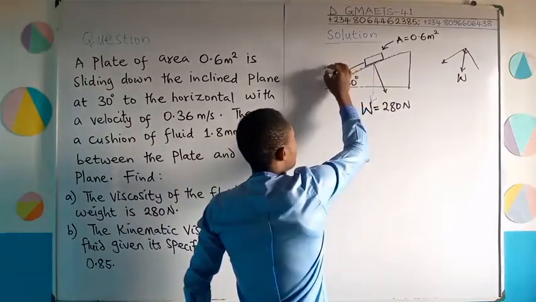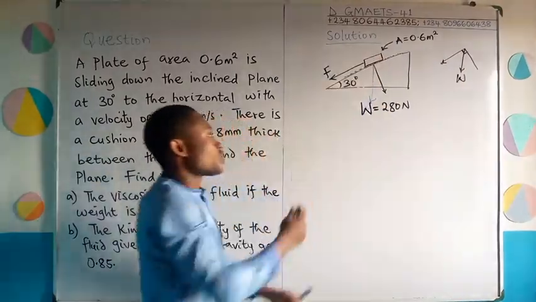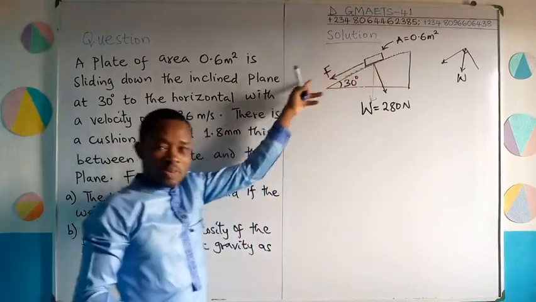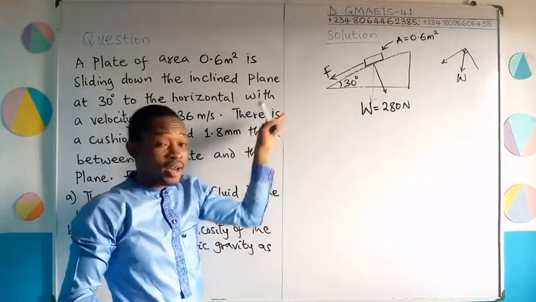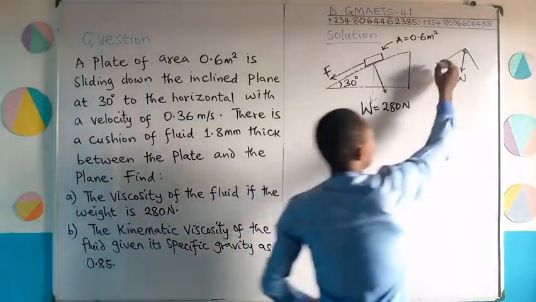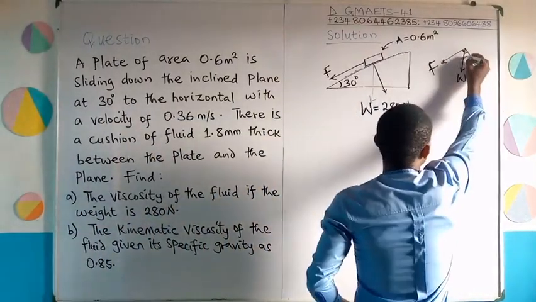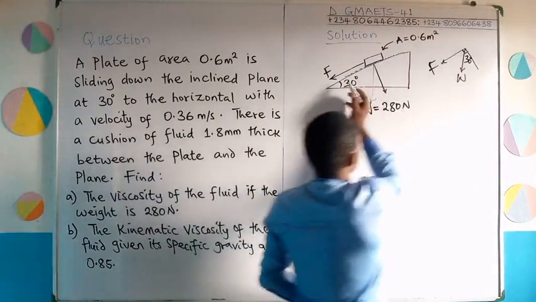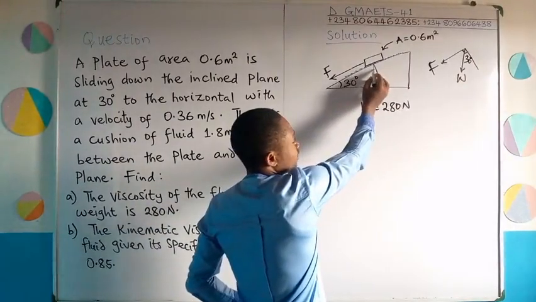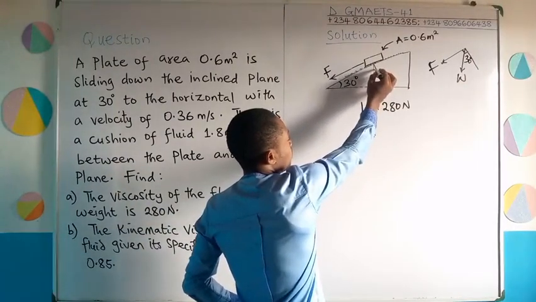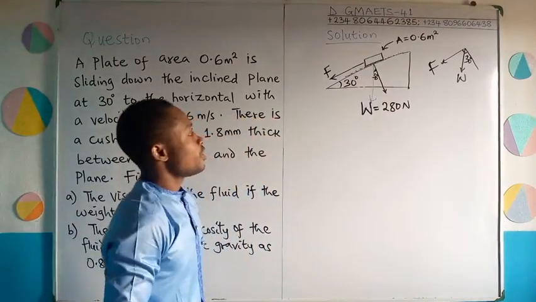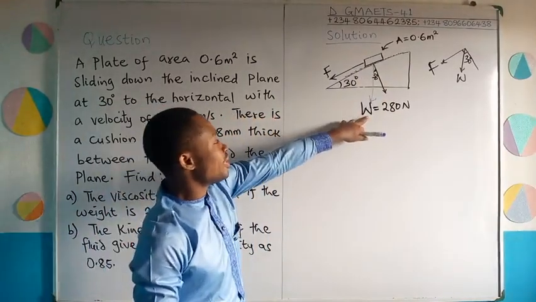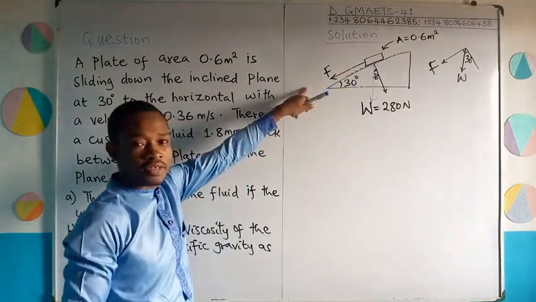I'm going to use F, permit me please, because the force that is pushing this plate down is acting parallel to the plane, which is this. So this angle is 30 degrees. Take note please, it's a corresponding angle to this part. So here is 30 degrees. Fine. So we shall resolve the weight in the direction of this force.